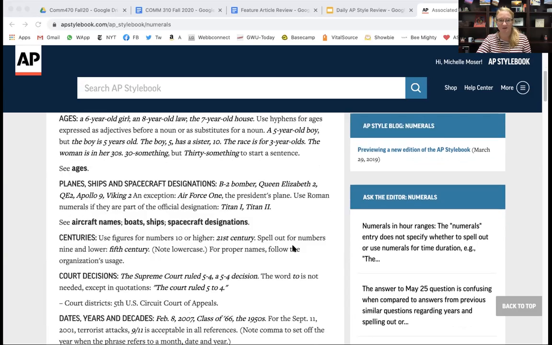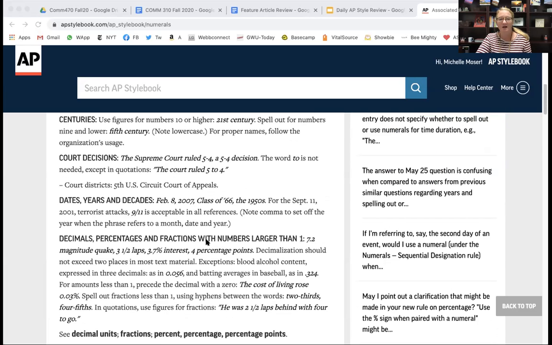Always double check yourself. Centuries, for numbers higher than 10, you can use the numeral, the 21st century, versus the fifth century. And note that they're all lowercase. They aren't proper nouns unless they are used for a specific organization. For court decisions, you use the numerals: the court ruled 5-4.